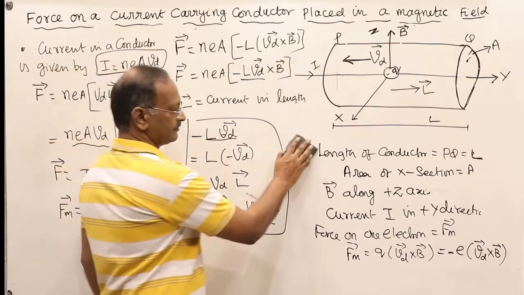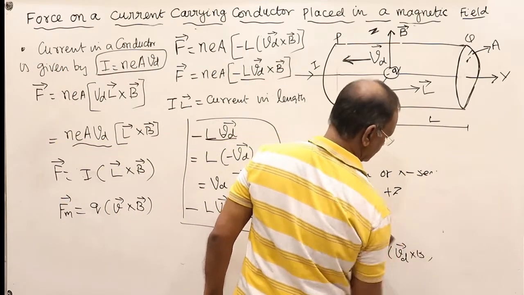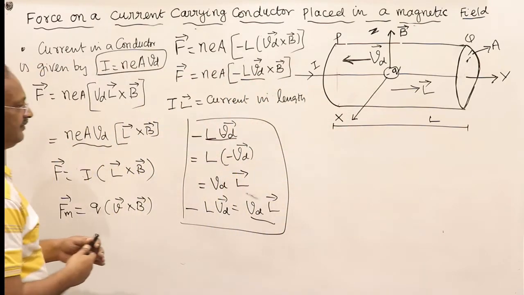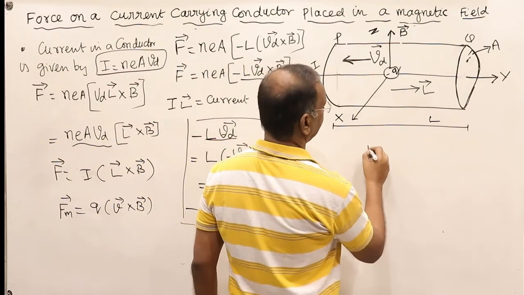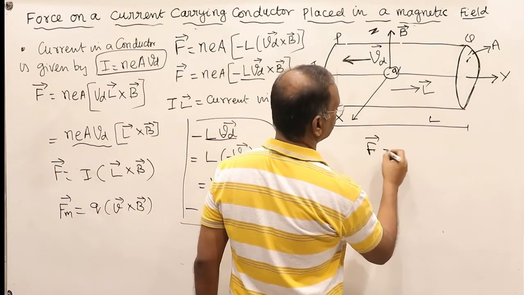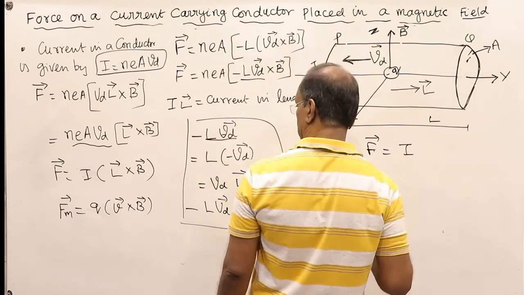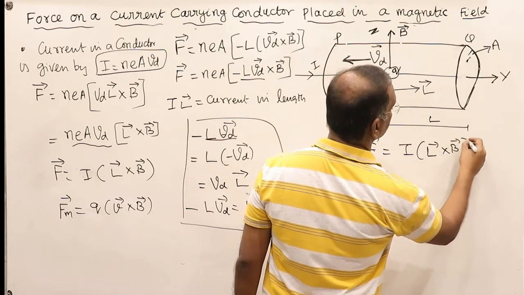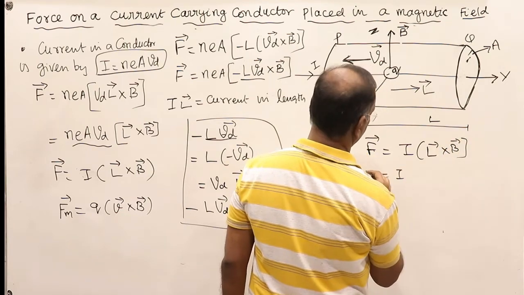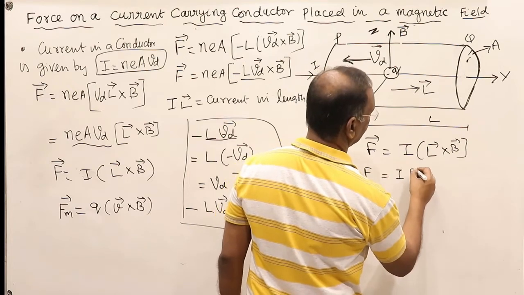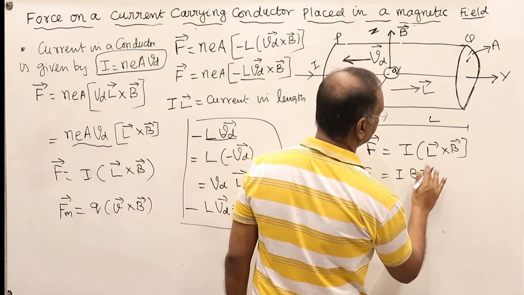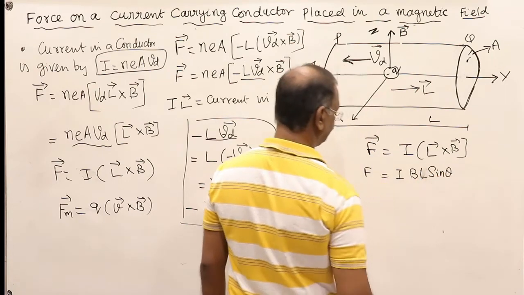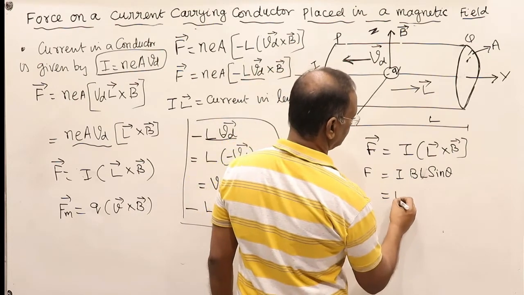So in scalar form we can write, F vector is equal to I into length of the conductor cross B. So its magnitude is equal to B into I into L into sin theta, or equal to BIL sin theta.